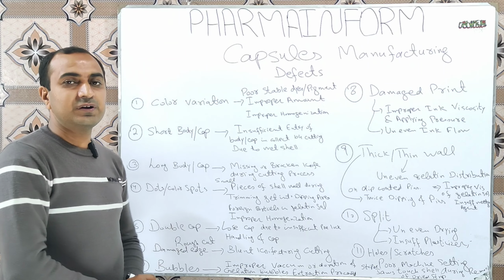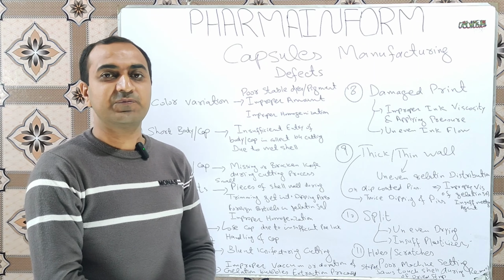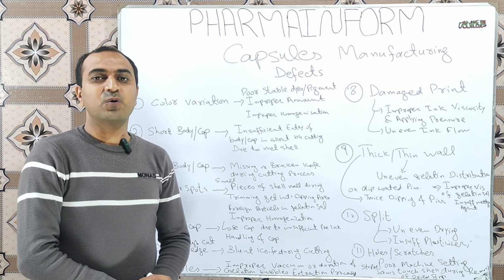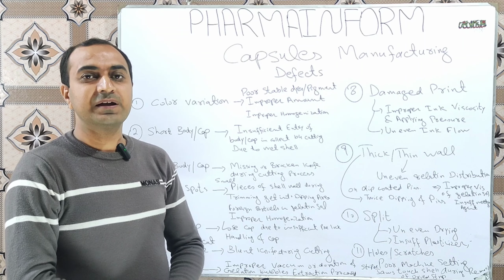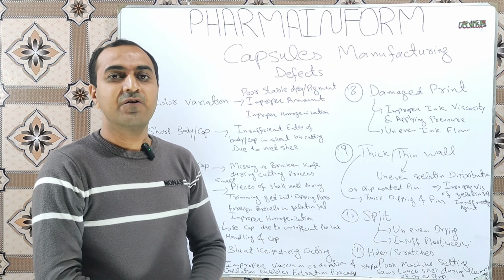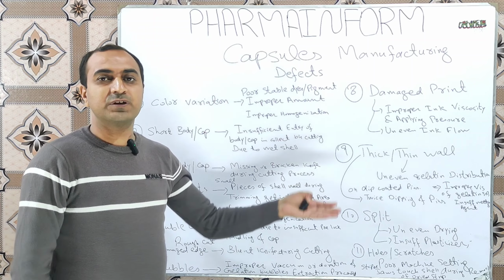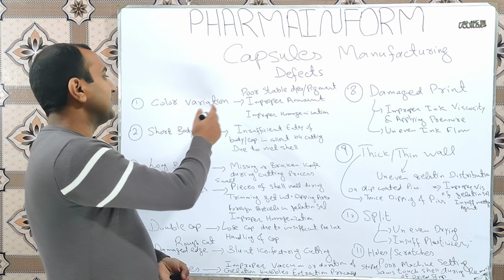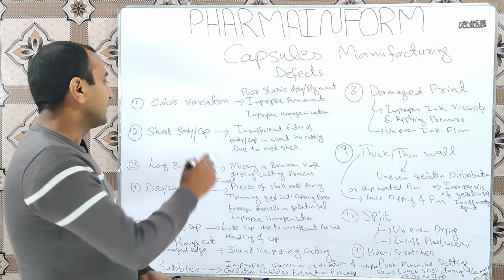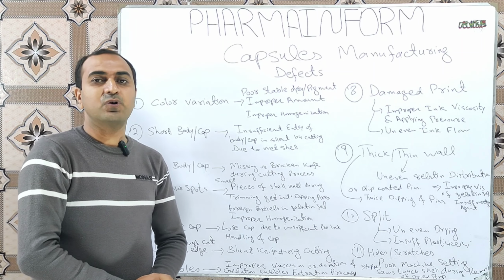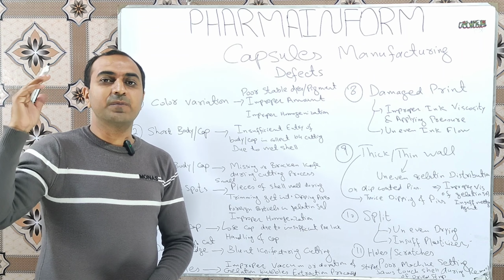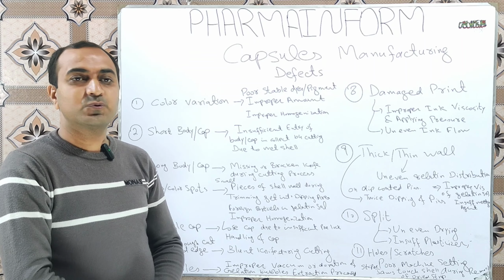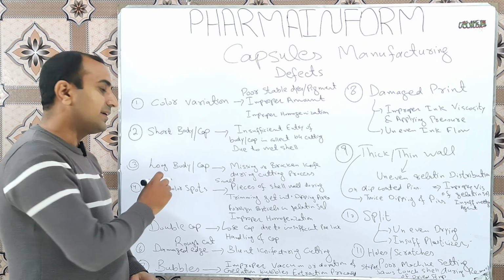In this video, we will discuss capsules manufacturing defects. We will discuss those defects which we observe in our empty hard gelatin capsule shells. When we open the container of the shell for filling, you have observed that there may be shells of color variation. There may be the short body capsule or long body capsule. There may be the misprinting capsules. There may be the double cap capsules, and there may be the dented capsules.